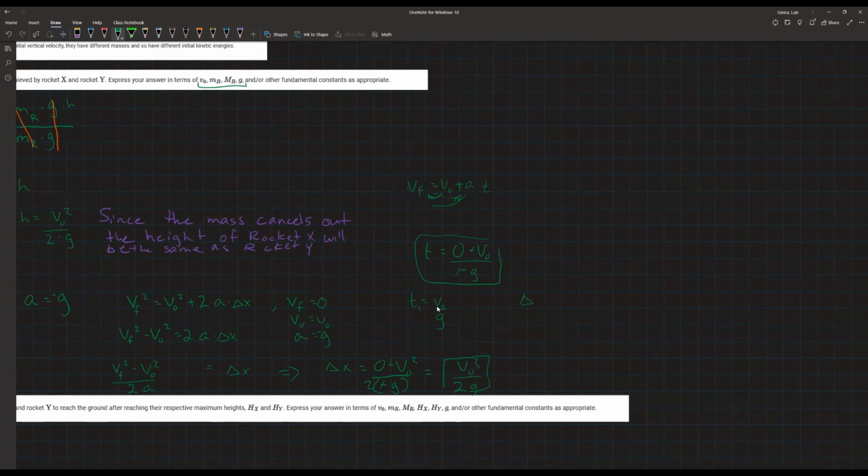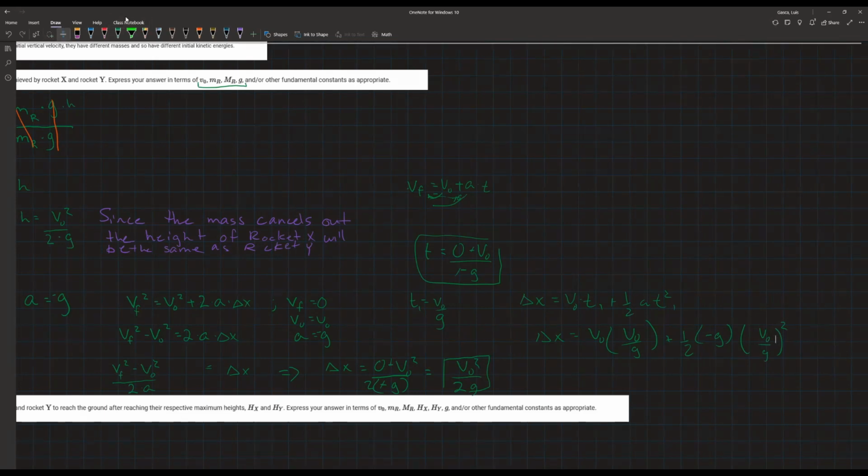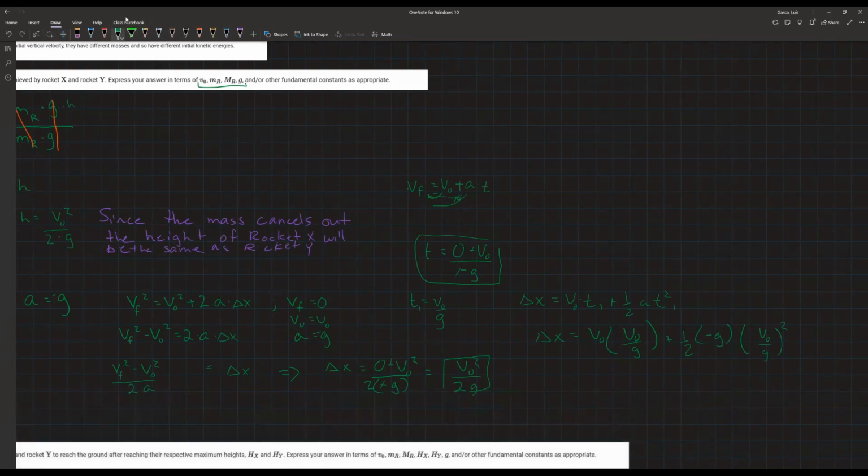Now when we go to delta x equals v naught t plus 1/2 a t squared, plot twist, we're going to get the same thing. We get delta x equals v naught times v naught over g plus 1/2 of negative g, and then t squared is going to be v naught over g quantity squared. I need to make a little more space here. Let's clean this up.